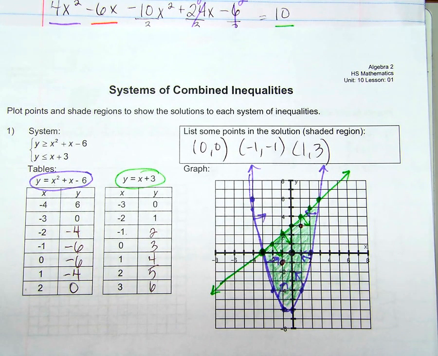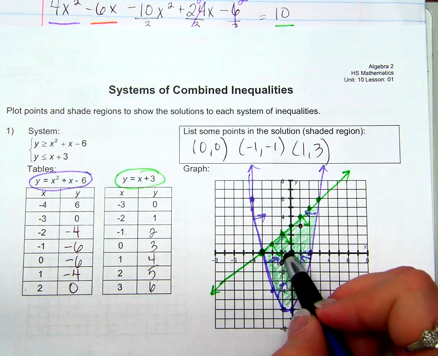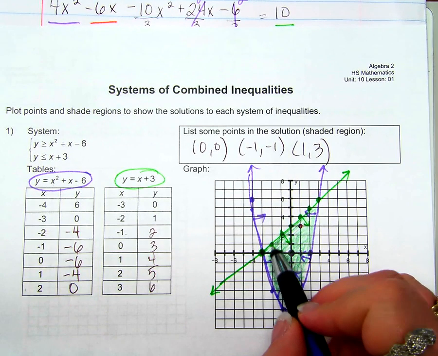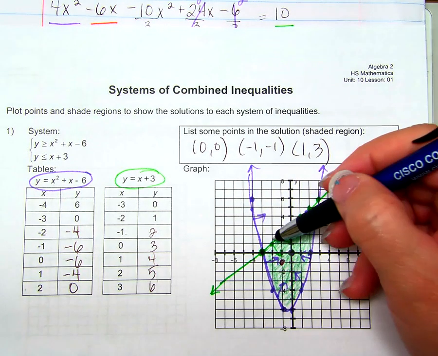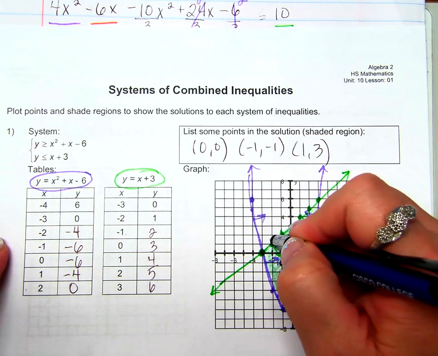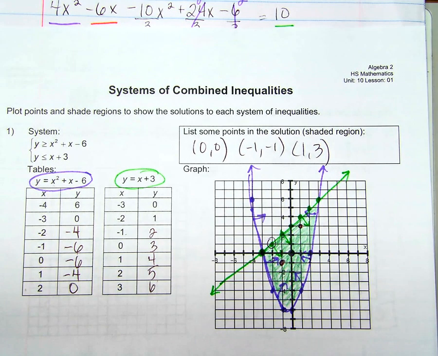Okay, so here's a trick question. Are you ready for my trick question? What about negative 2, 1? Negative 2, 1 is right there. Is that in the shaded region? Why are you saying yes so proudly, confidently?